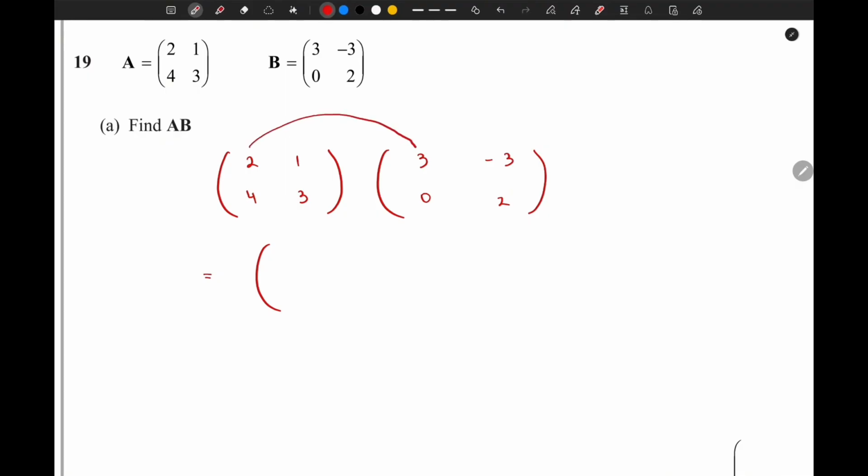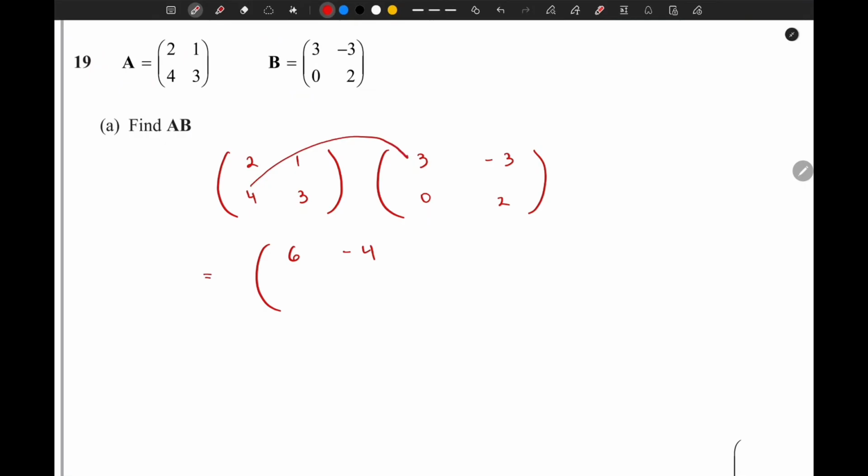So 2 times 3 plus 1 times 0. So it's 6 plus 0, which is 6. And for the next part, 2 times negative 3, 1 times 2. So that's minus 6 plus 2, which is minus 4. Now let's get the bottom values.